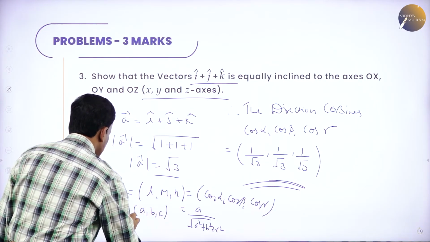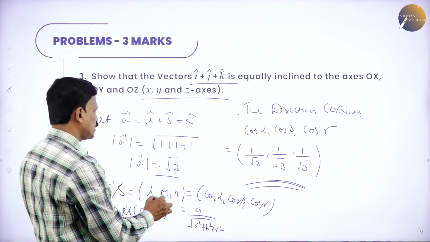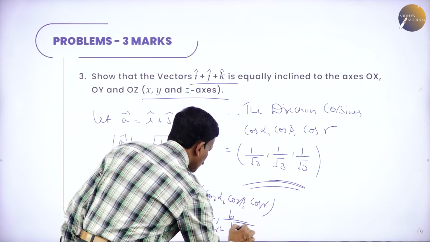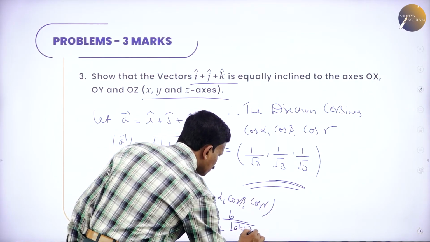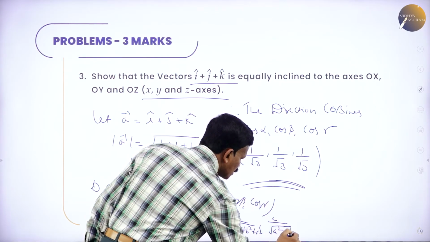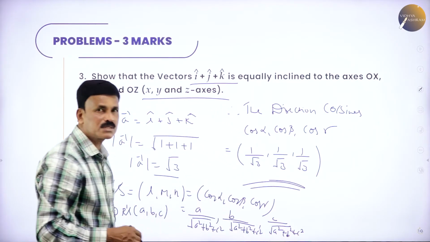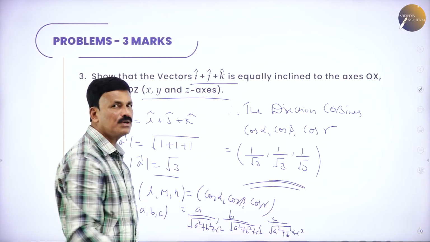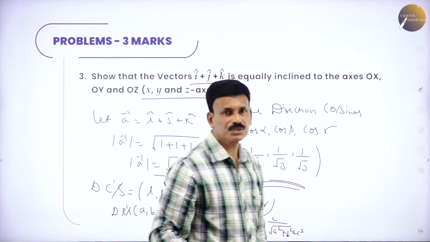If these are the direction ratios, then the direction cosines are a by root of a square plus b square plus c square, comma b by the same, comma c by root of a square plus b square plus c square. That I will explain in the next session. So here 1 by root 3, 1 by root 3 and 1 by root 3.